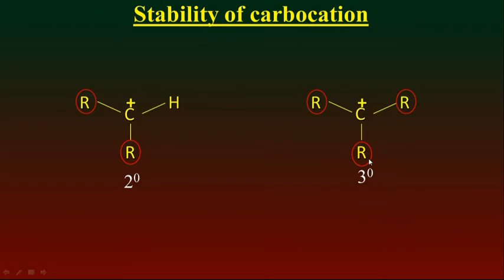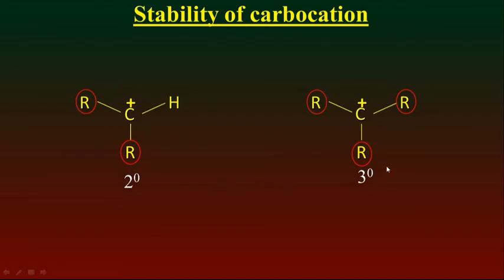So 3 degree carbocation easily occupies the octet filled condition when compared with 2 degree carbocation, because in 2 degree carbocation only 2 alkyl groups are present, so they donate less electron density to the positive carbon atom as compared with 3 degree carbocation, which contains 3 alkyl groups.